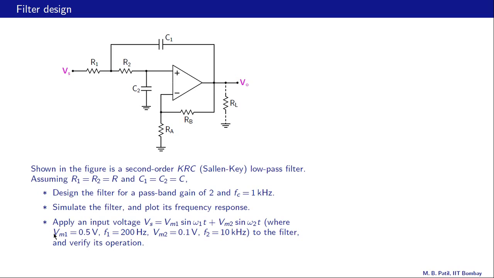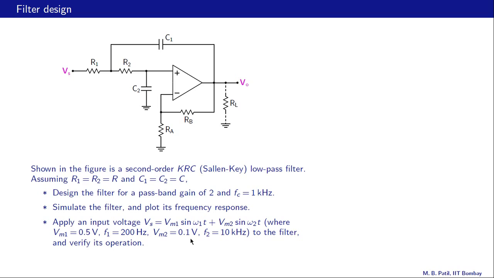And finally, apply an input voltage Vs equal to Vm1 sin omega 1t plus Vm2 sin omega 2t. So these are two sinusoids. One of them has a low frequency 200 Hz, which is smaller than the cutoff frequency.